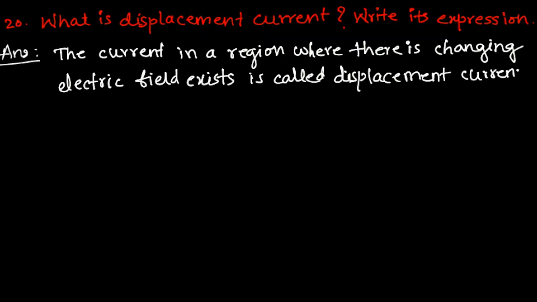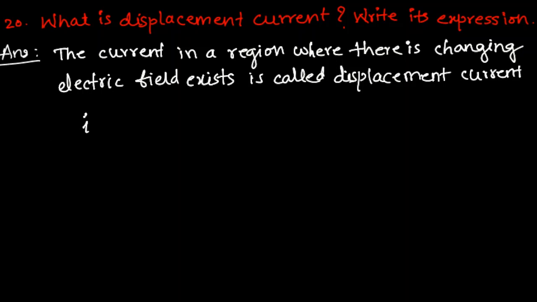Okay, the current which appears in the region where electric field is changing with time is called displacement current. The current in a region where there is changing electric field is called displacement current.